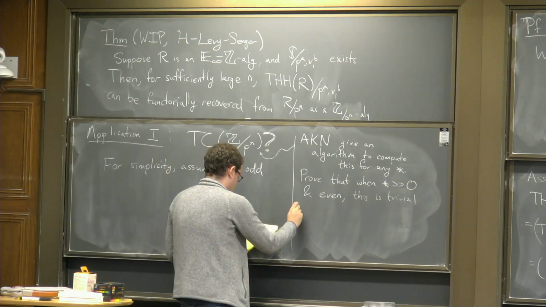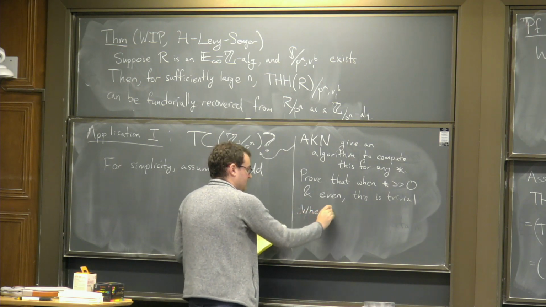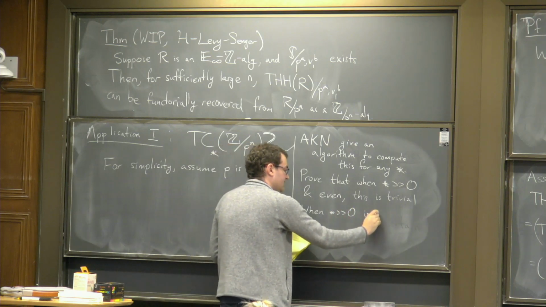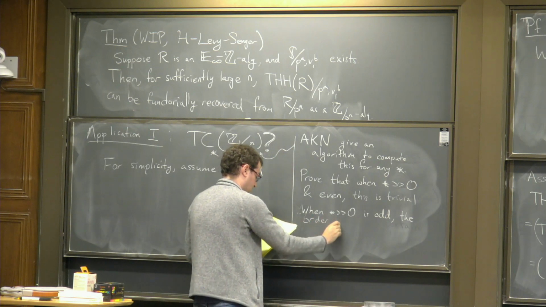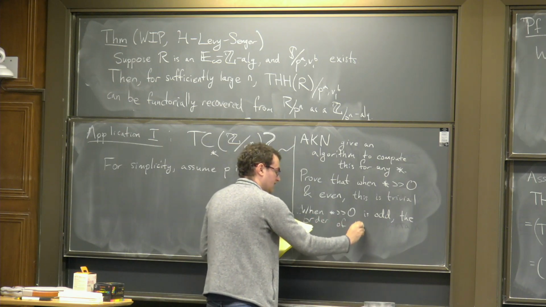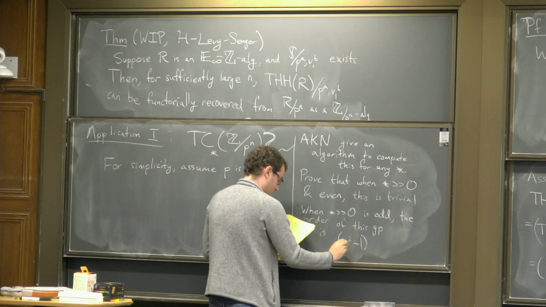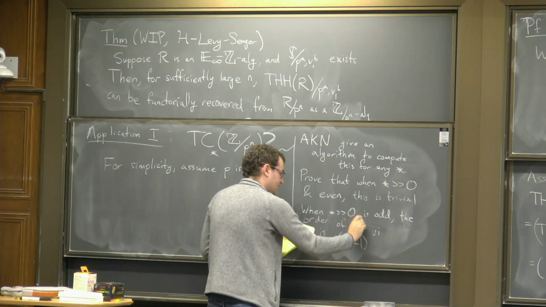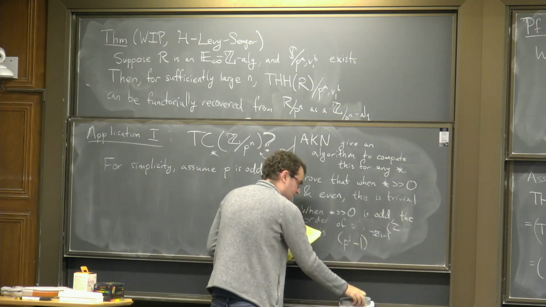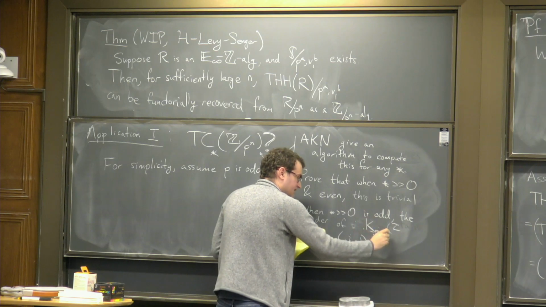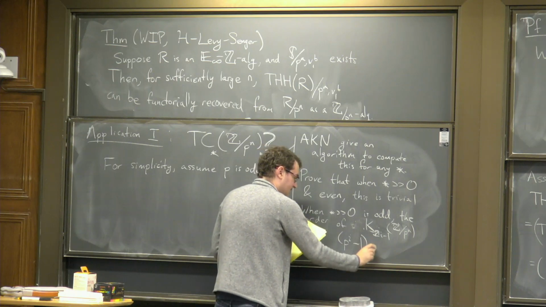And finally, in this range, when star greater than 0 is odd, the order of this group is p to the i minus 1, sorry, the order of TC 2i minus 1 of Z mod p to the n, or of K, which is closely related to TC, is p to the i minus 1.